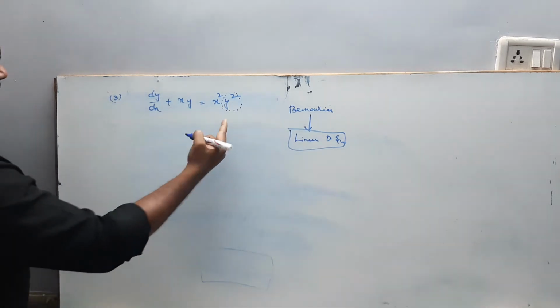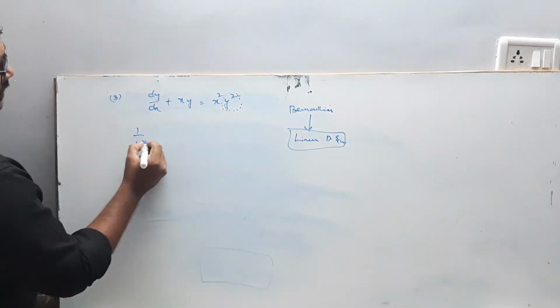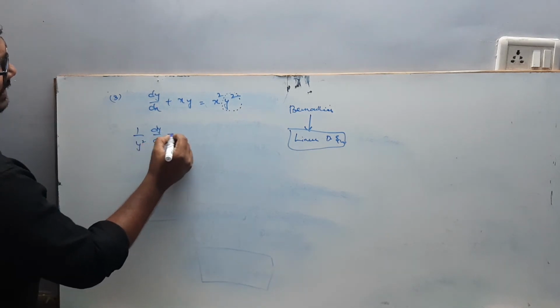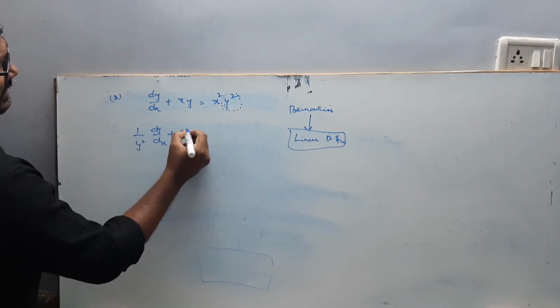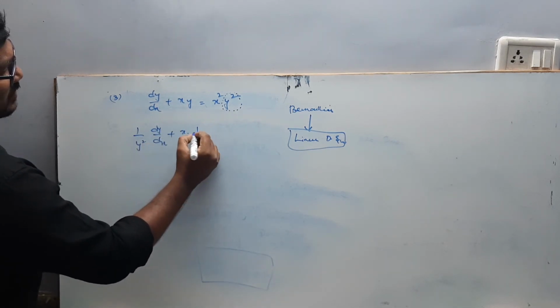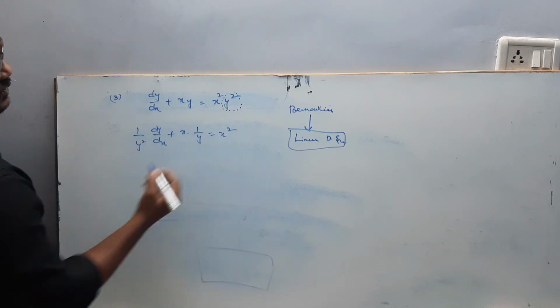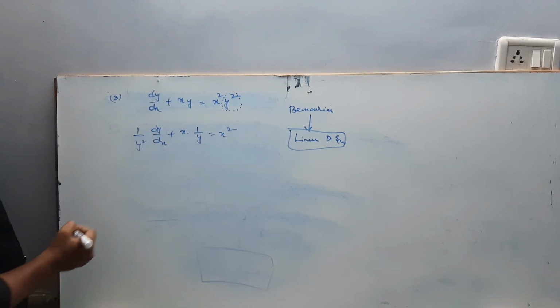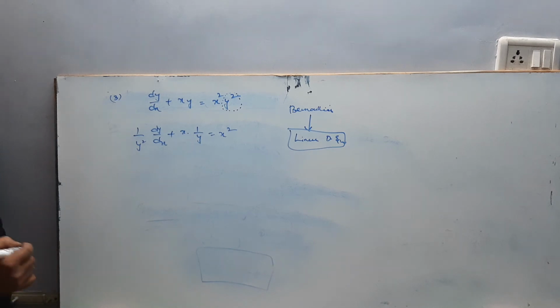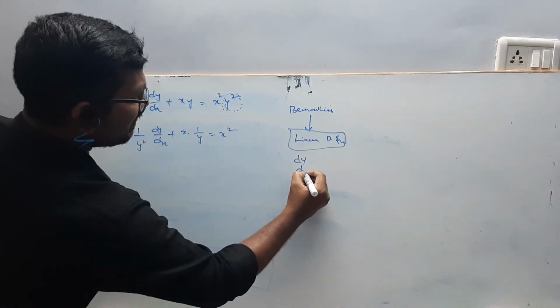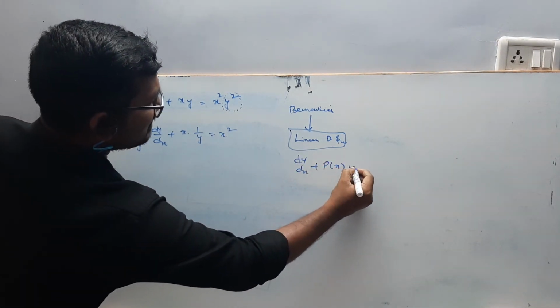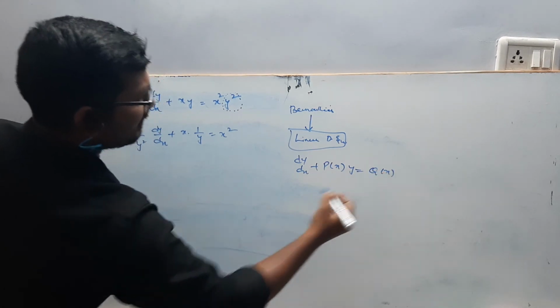Now divide with y square: 1 by y square dy by dx plus x into, when I have divided with y square, 1 by y into x square. Actually, in the linear, dy by dx plus p of x into y is equal to q of x.